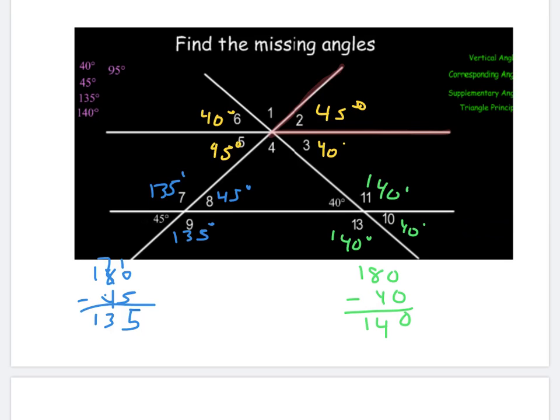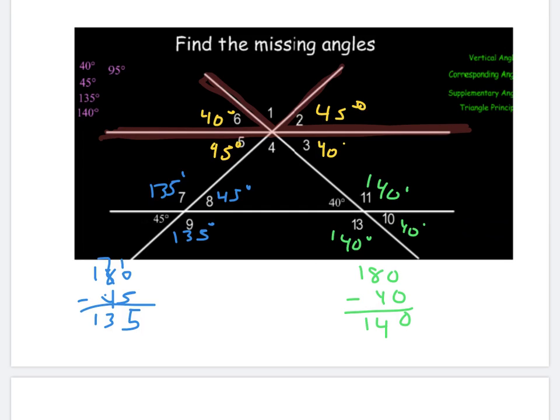Angle 1 starts off here where angle 2 leaves off and goes here. And then the angle 6 that we just labeled 40 degrees starts off where angle 1 stops, and then it goes here. So together, they make this straight line going horizontally across that I'm making thicker.